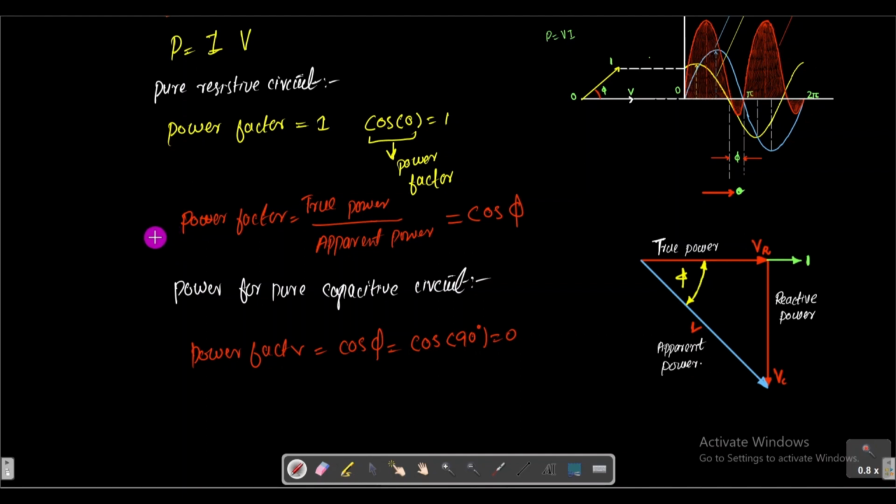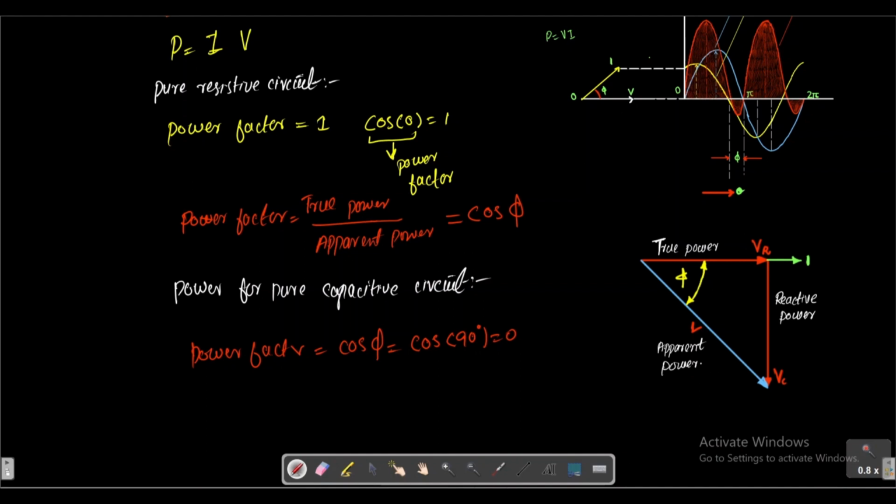If we take the average of these two, the power for the capacitive part is 0.